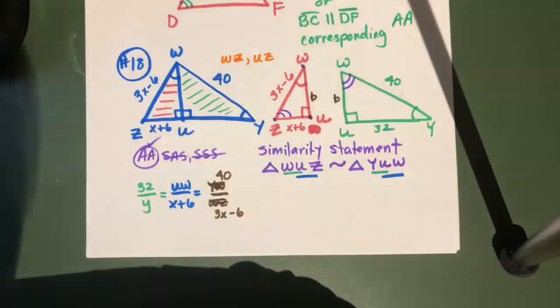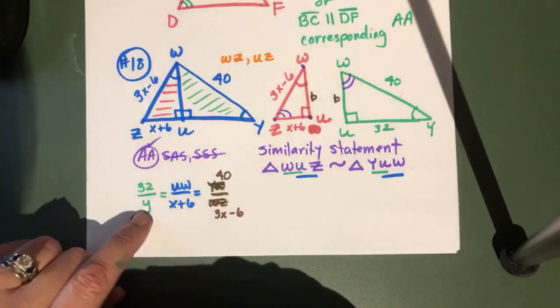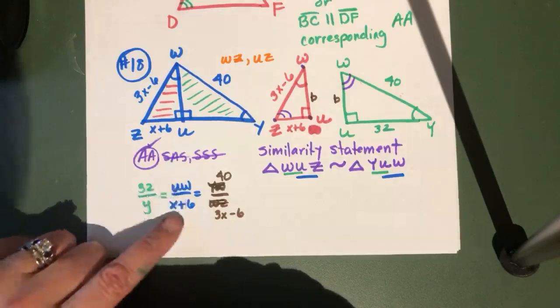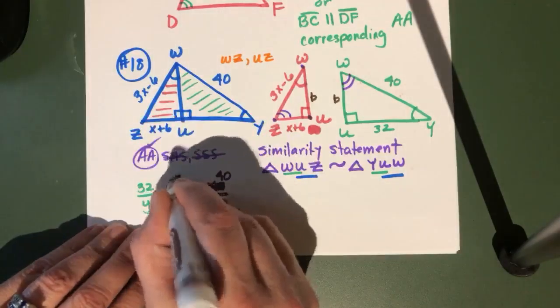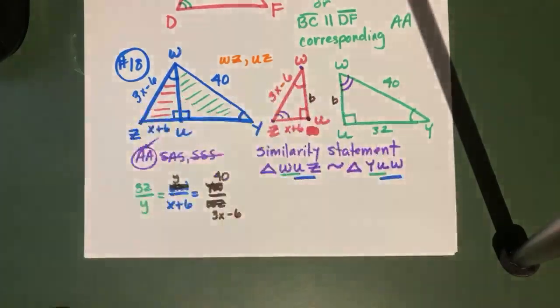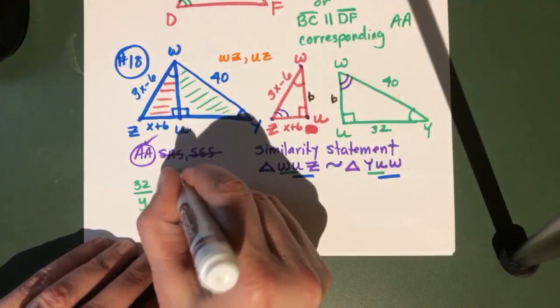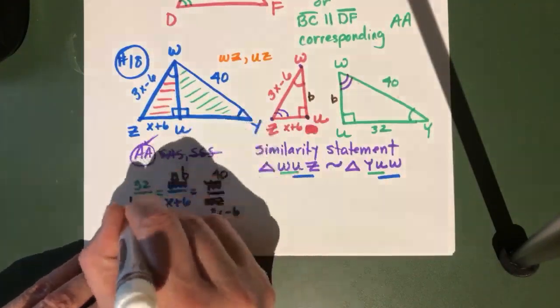WU and WU, so that's that Y value. Now look at this one. That's UW again, isn't it? So couldn't I call that Y also, or B, or whatever I want to call it? In fact, I'll call it B because I wrote B on there.